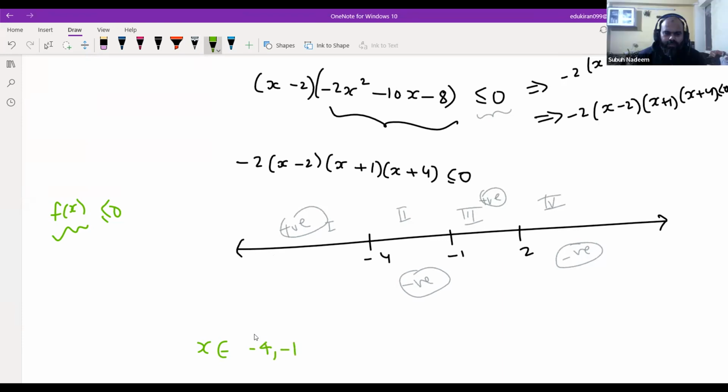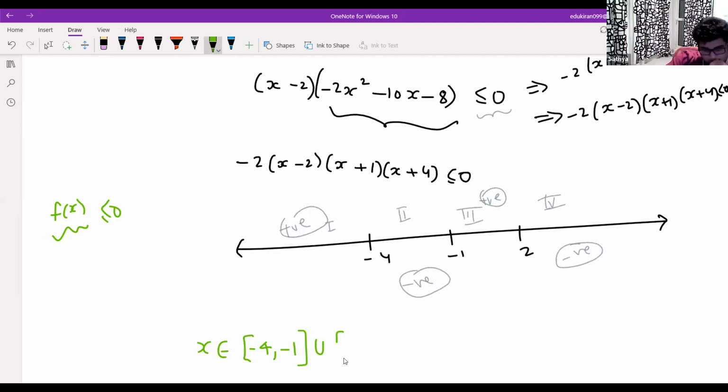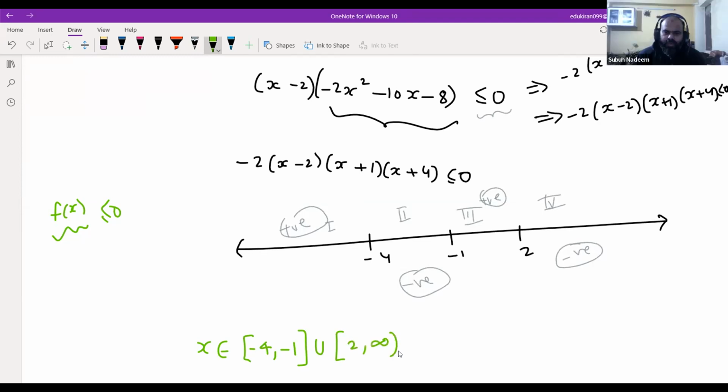Both square. Then union, then square bracket, minus 1, uh, it'll be 2 and positive infinity. No, open bracket. Infinity and minus infinity are always in open bracket. This will be your answer, right?